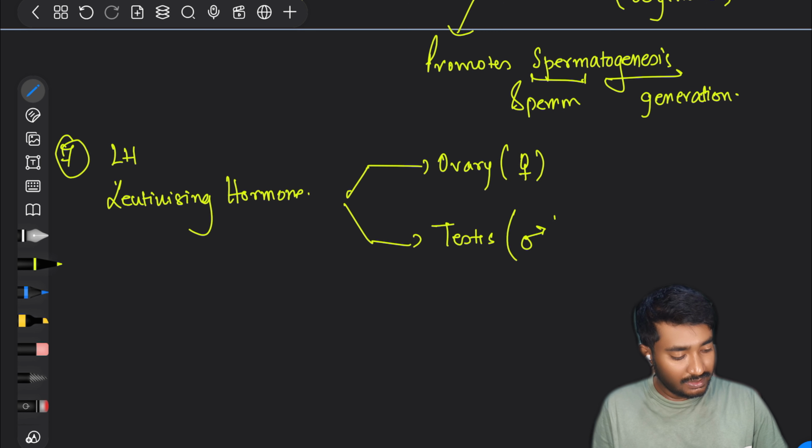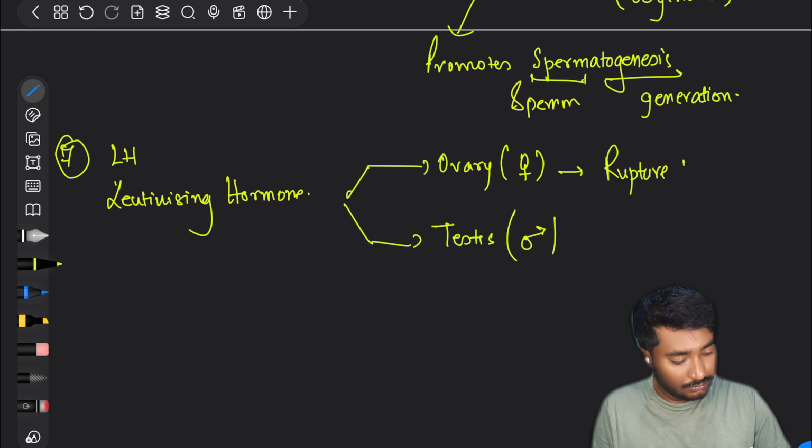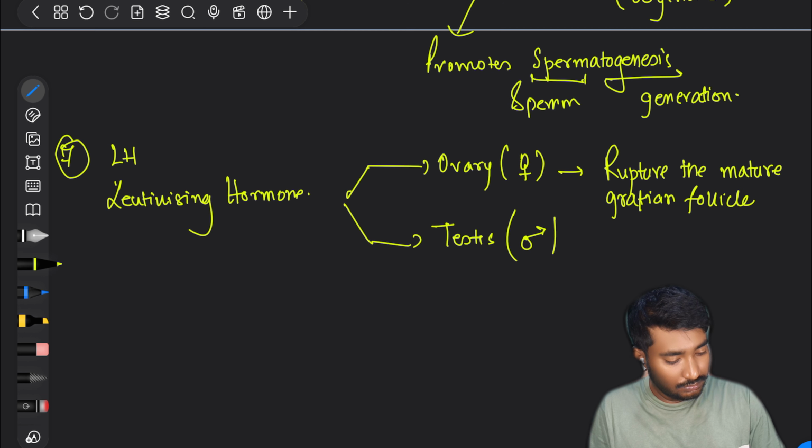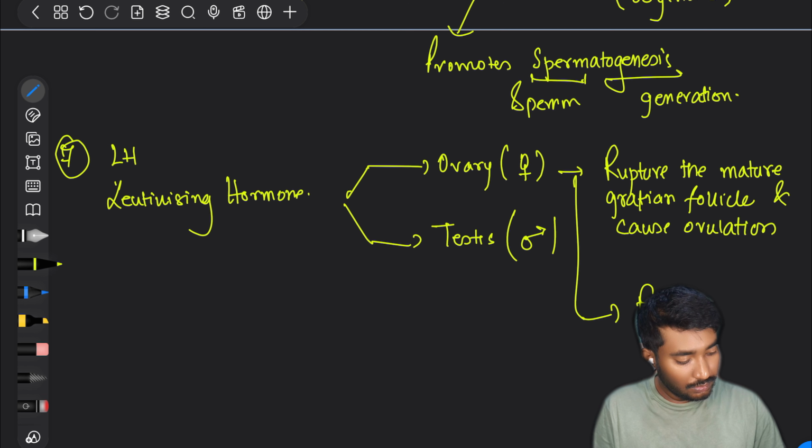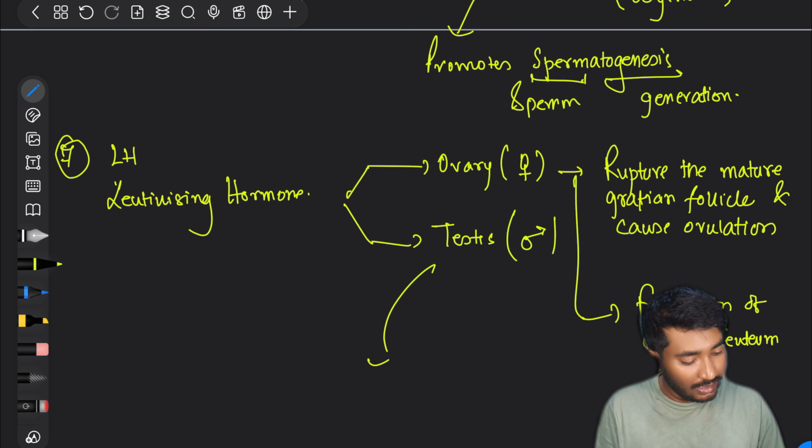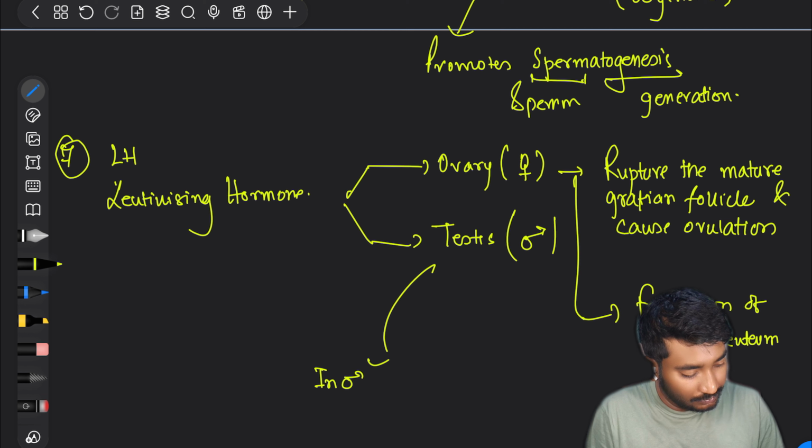In ovary it ruptures the mature Graafian follicle and causes ovulation and formation of corpus luteum, and in the testis the LH acts in males.